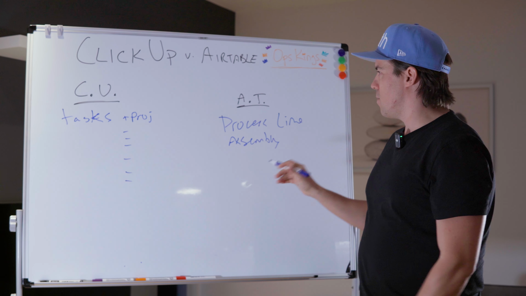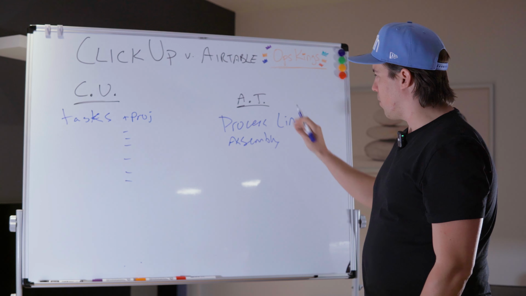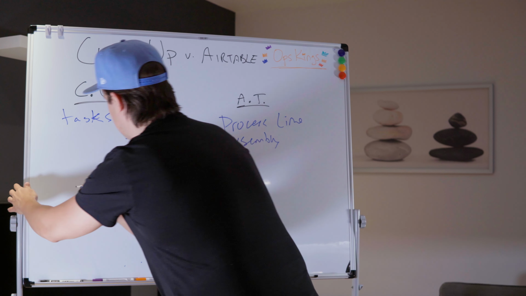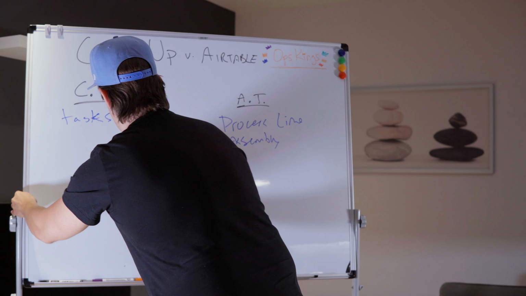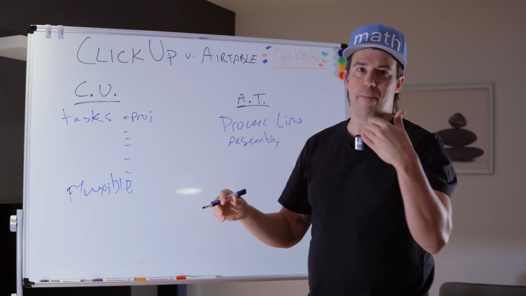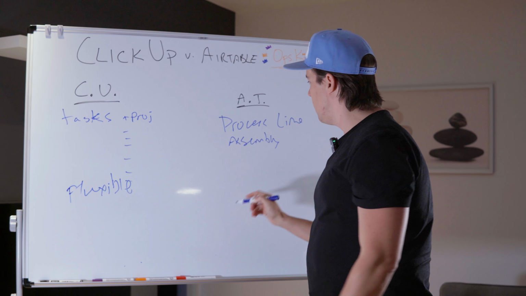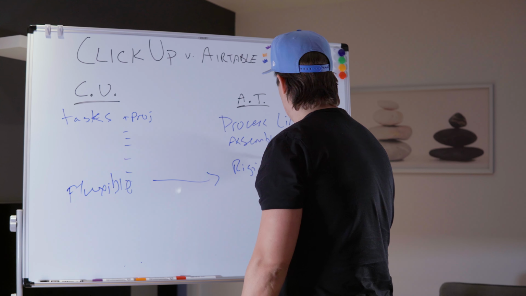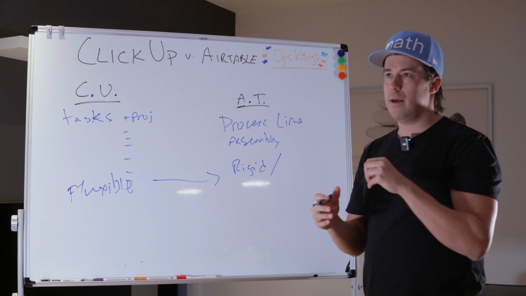The difference, again, between tasks and projects and a process line is that we're talking about very flexible, which is actually a bad thing when you have your process pretty narrowed down. So over here we have rigid, which also allows you to have a lot of speed because of that rigidity.